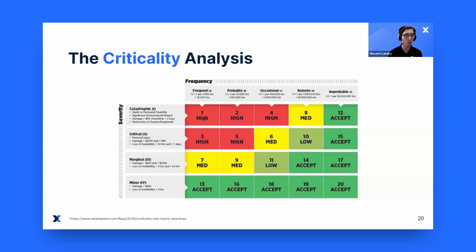If you have an issue with one of your pieces of equipment, what is the severity of it? And also, what's the frequency? And based on your 2 evaluations, you will get a ranking for your equipment. And this is what you can use to start prioritizing your PM plan and really just focus on your most critical pieces of equipment.